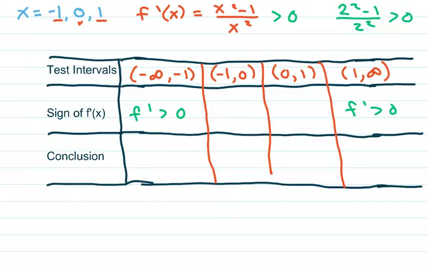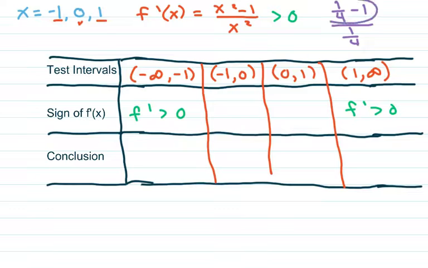These two, I'm going to have to probably use fractions. So let's try 0 to negative 1. Let's do negative 1/2. So if you have negative 1/2, negative 1/2 squared is 1/4, minus 1 over 1/4.